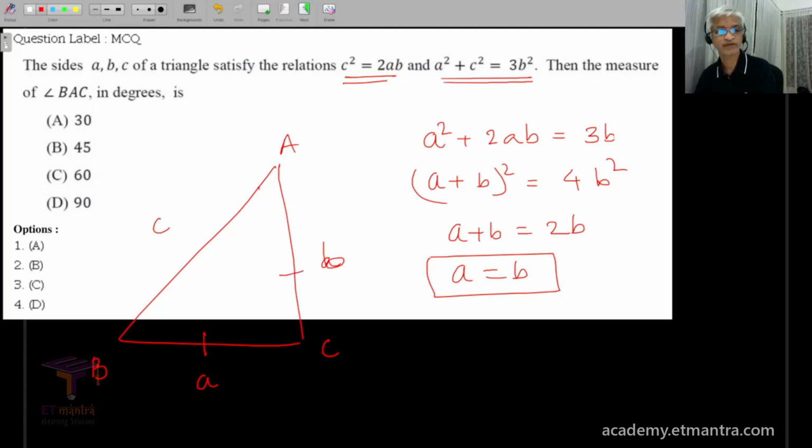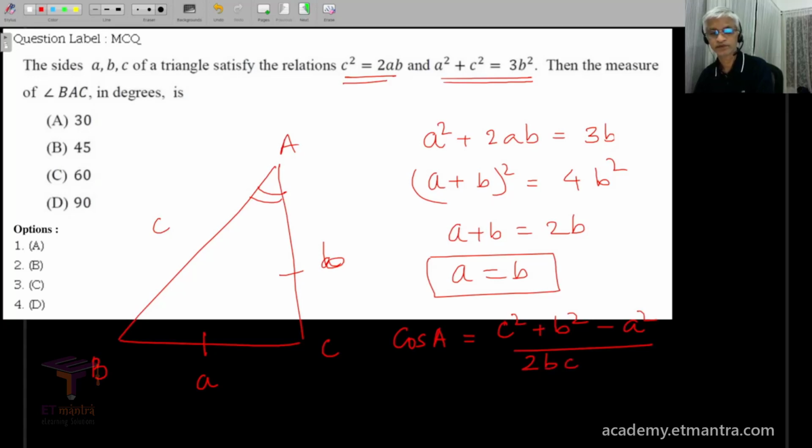And now for the angle, which is the question, we shall use the cosine rule, which is C square plus B square minus A square divided by 2BC.